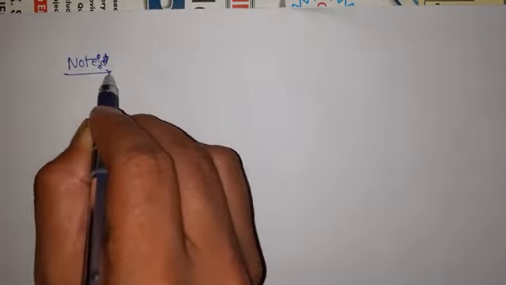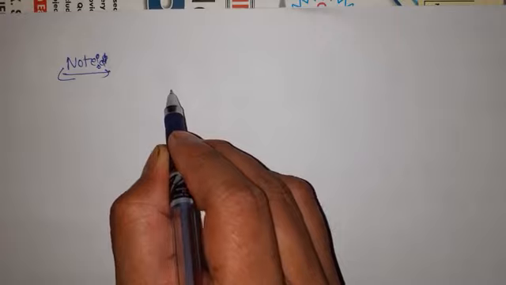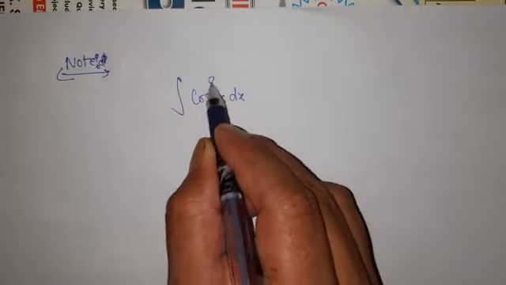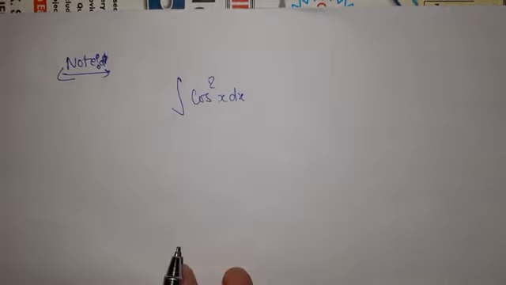Note this point: if we have a power of a trigonometric function, for example we have to find cos square x dx, there is a power on the trigonometric function.